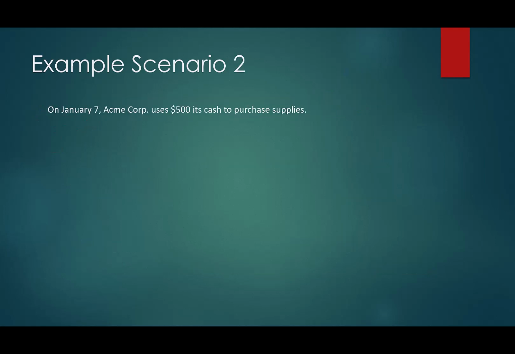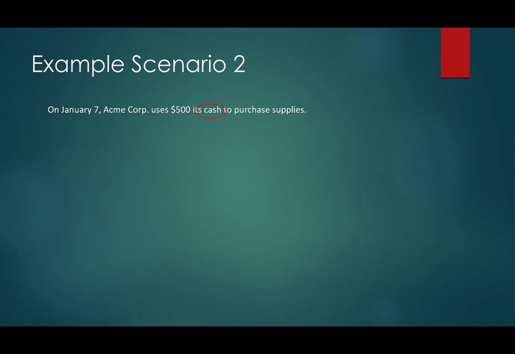In this example, we've got Acme Corp using $500 of cash to purchase supplies. And again, our starting point is let's break down this scenario and identify the accounts that were impacted. The first one that we see is cash, and cash is going to be an asset account.